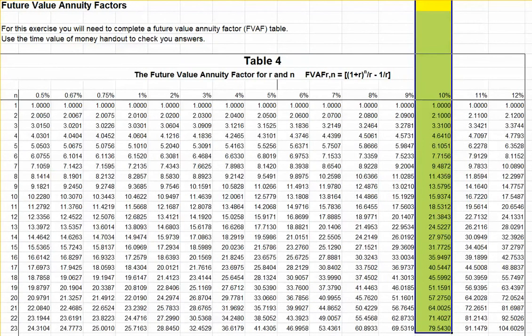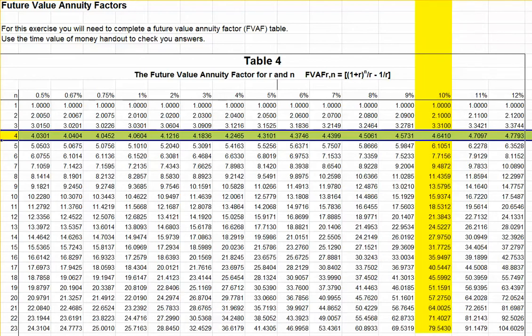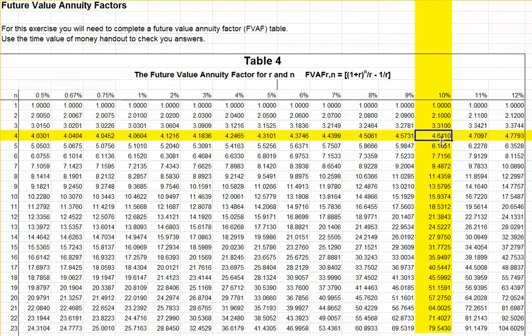Once again, we go to our future value annuity factor table. We highlight the column for our 10% interest rate and 4 years, and the two factors intersect at a value of 4.641, which was the future value interest factor for an annuity that we found using our financial calculator when we had our payment entered as $1.